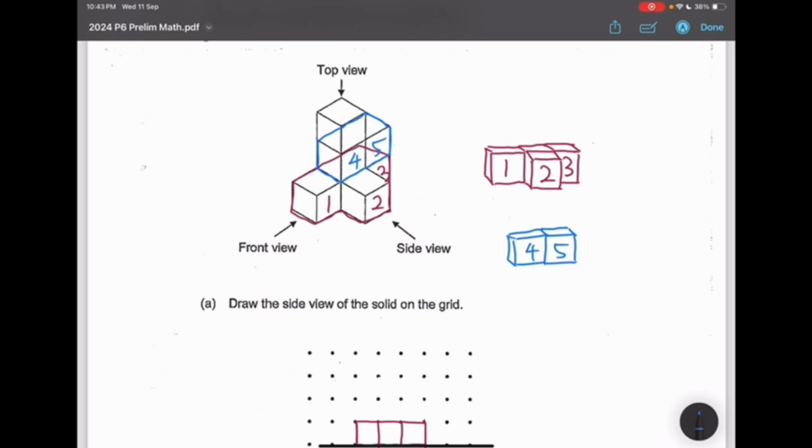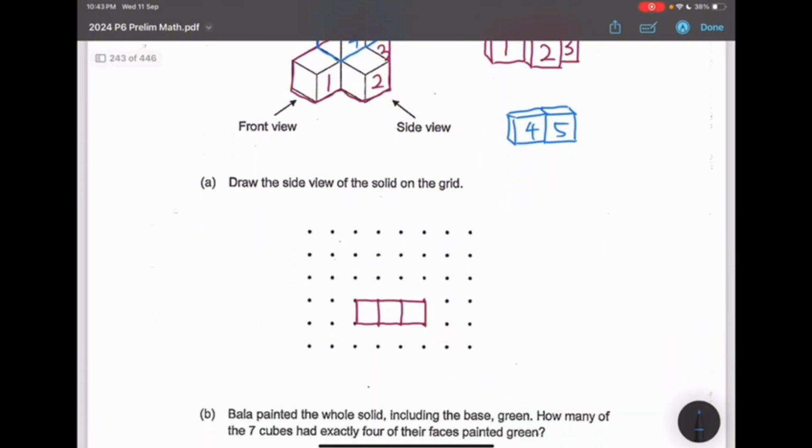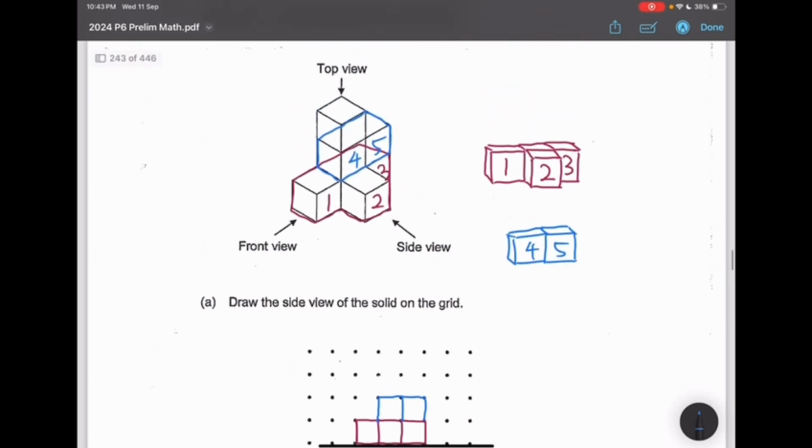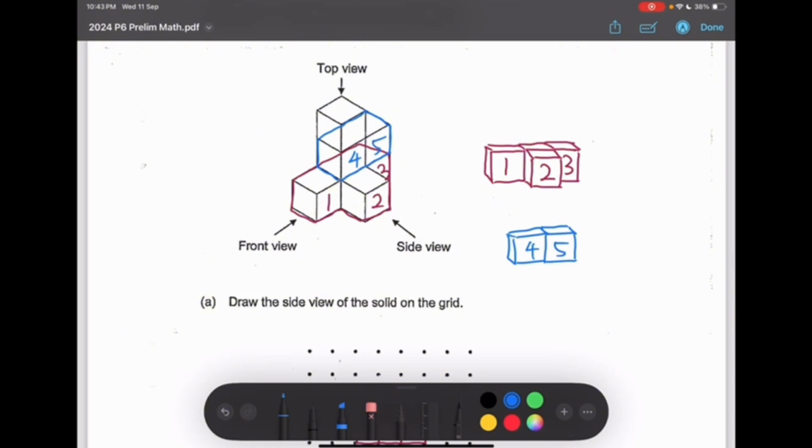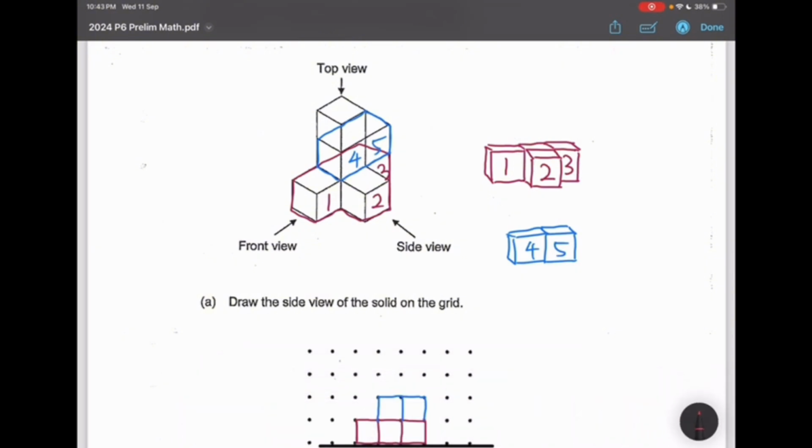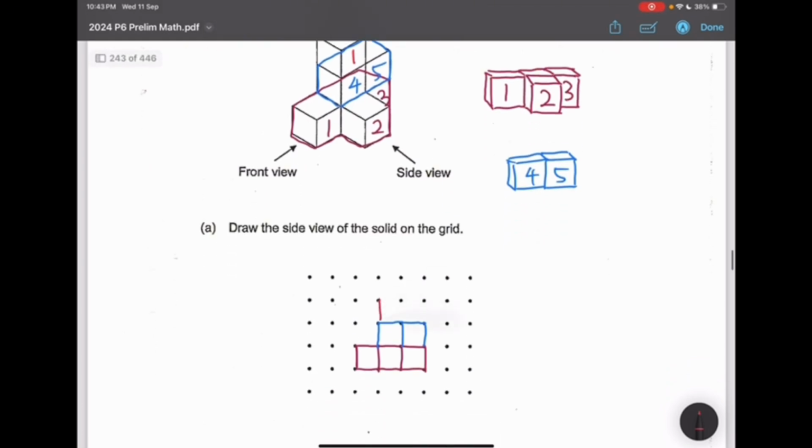And you realize 5 is above 3 and 4 is above 2, from the side. So 4 would be above 2 like that and 5 like that. Now, the last cube. I don't think I need to draw this one for you guys because it's just a single cube above 4. And therefore it will look something like that. And this is the answer for part A.